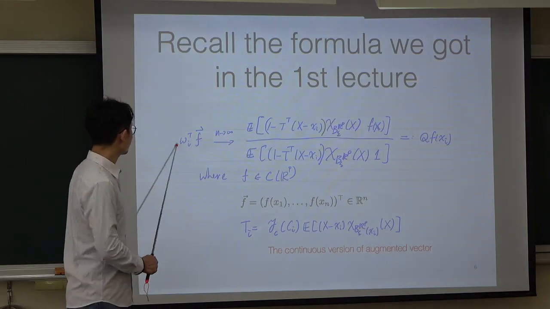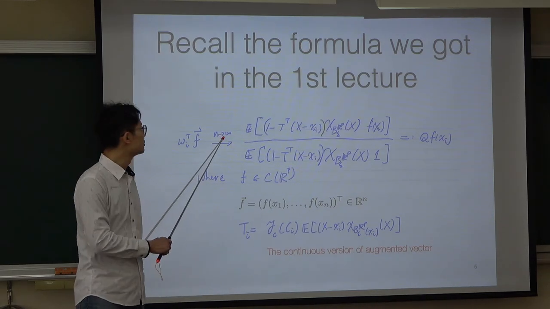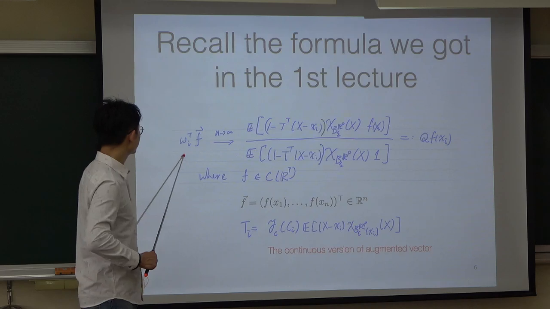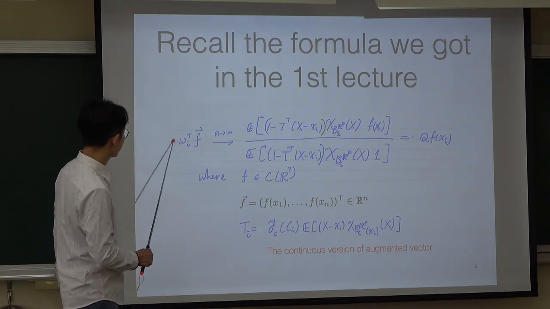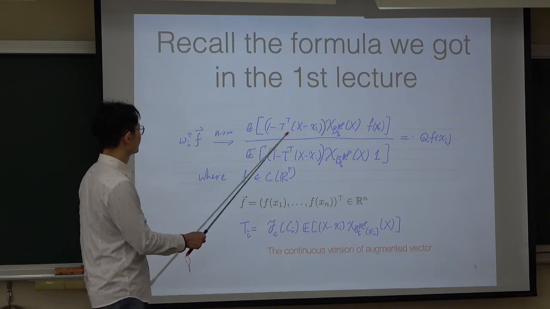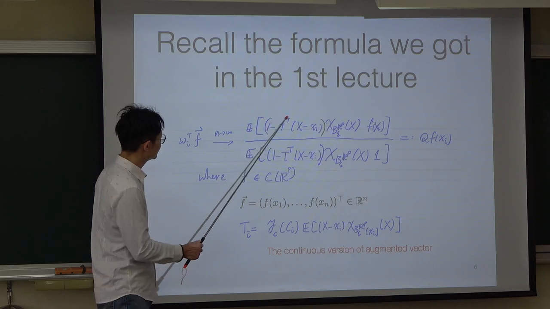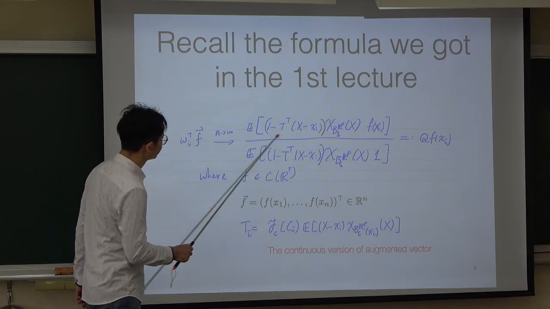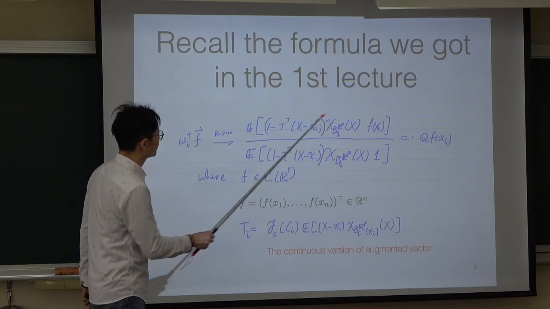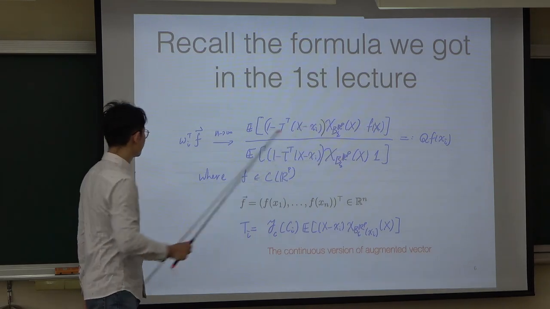As we saw last time, when you have more and more points, this quantity converges to a ratio: the expectation of this random variable multiplied by f of the random variable, where f is the function f.